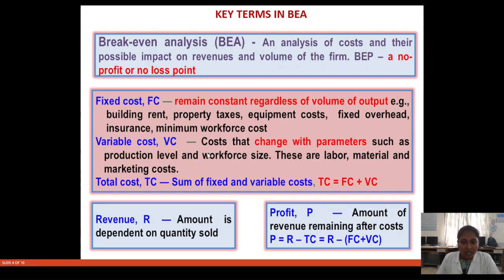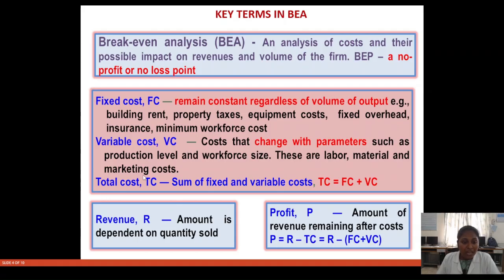For that reason, those parameters will change, so that cost comes under variable cost. For example, incentives are given to the labor year by year with some percentage, and some bonus is given at festival times. So that cost will vary, it can't be fixed, and it will not come under fixed cost. Raw material cost will vary from time to time, and marketing cost. These are all examples of variable cost.